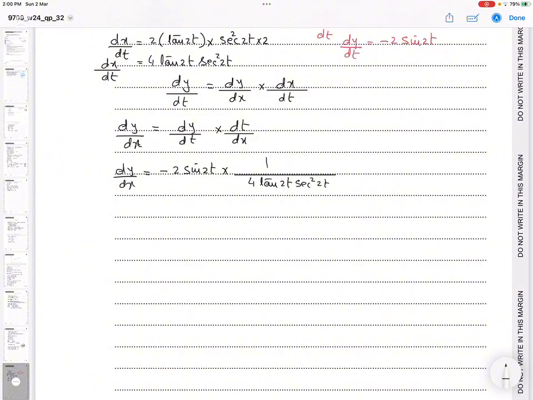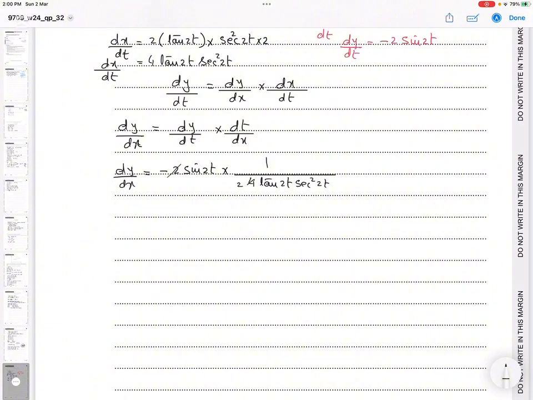Actually, I did not have dt over dx. I had dx over dt. So to make dt over dx, I have to take its reciprocal. So I reciprocated, and now I will simplify these values.